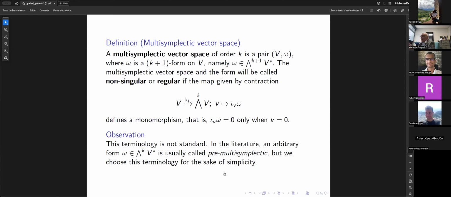If you have this condition, you can refine some results, but you don't need to use this regularity condition to obtain the result, because the point is that you want to have brackets, and as we will see, we don't have a bracket, we have a graded bracket. Okay.